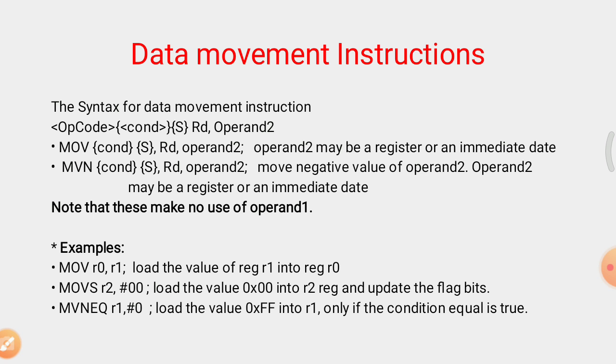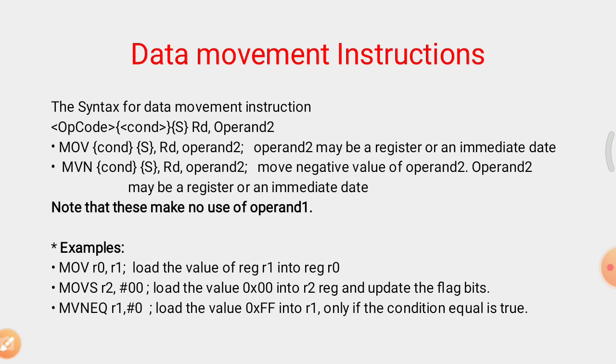So here the value 0x00, that is hexadecimal number 00, is loaded into register R2, and this instruction is going to update the flag bits in the CPSR register. Note that if we don't use the suffix S, this instruction will not update any of the flags. If we use S, then only this instruction is going to update the flag bits.